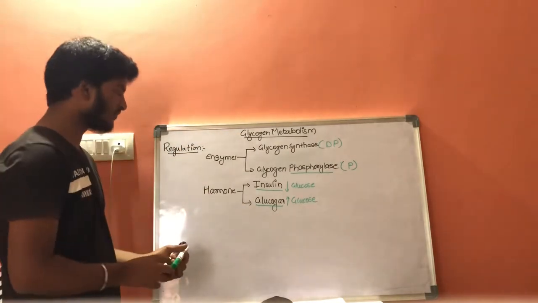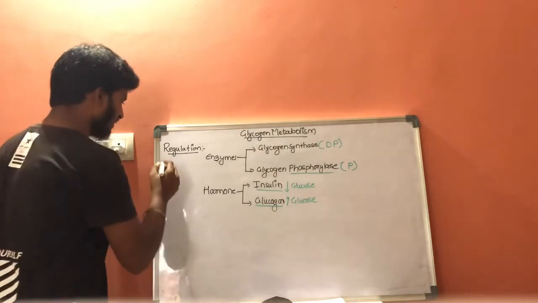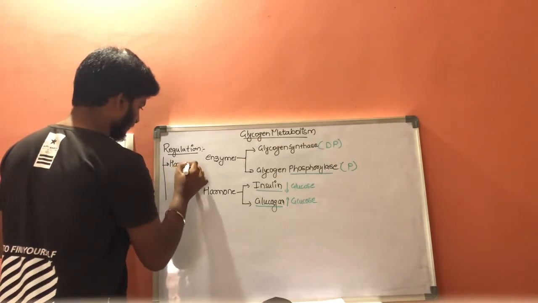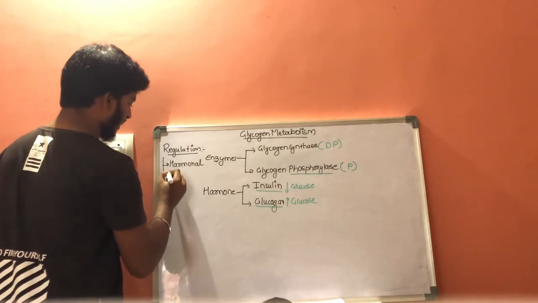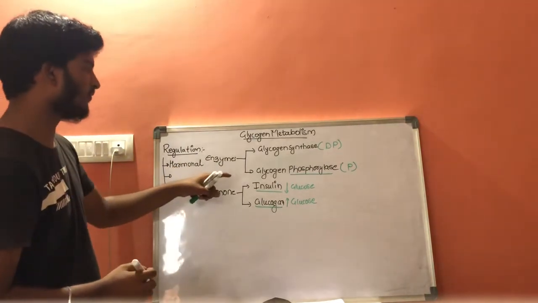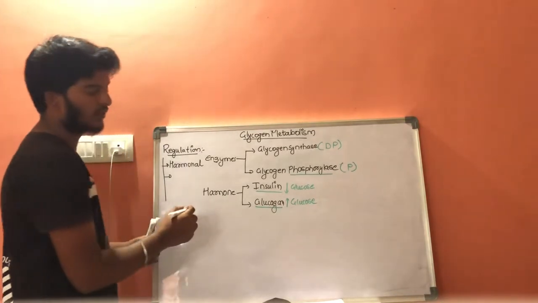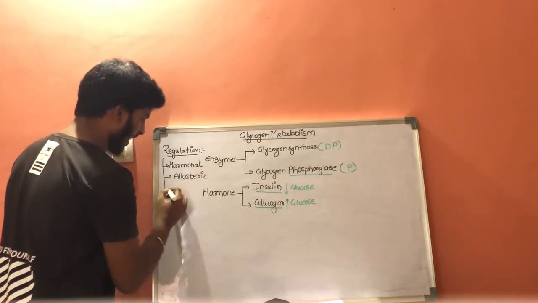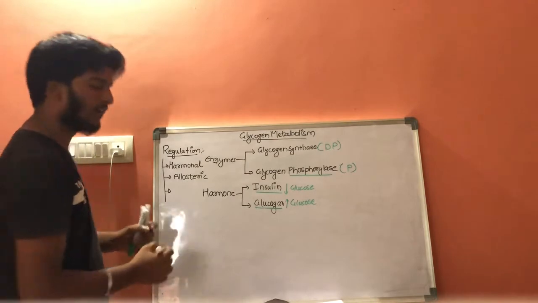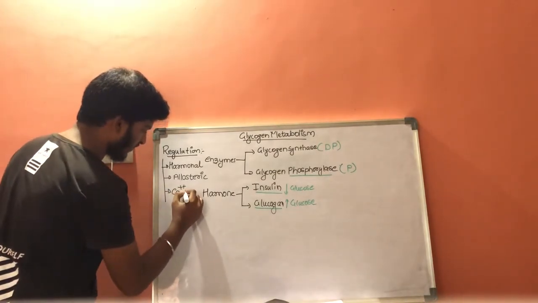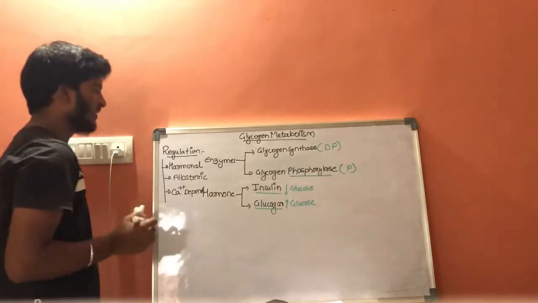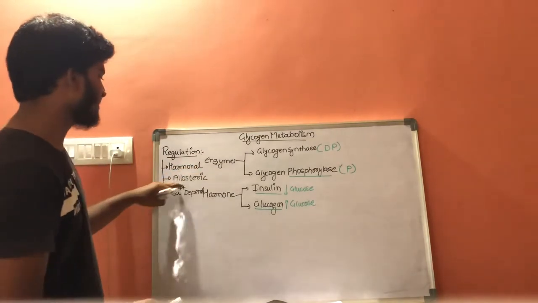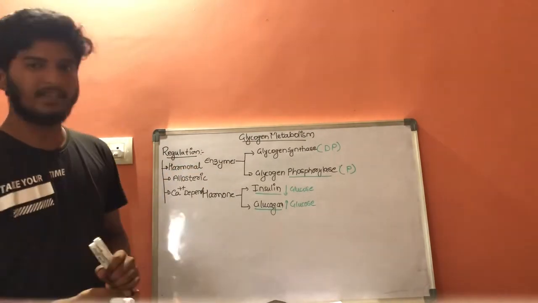The first one is the hormonal method, the second one is the allosteric method, and the third one is the calcium dependent method.